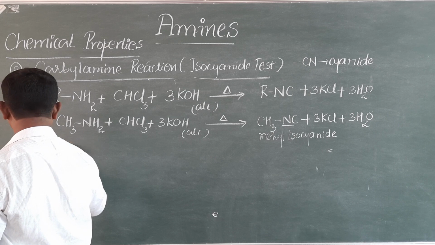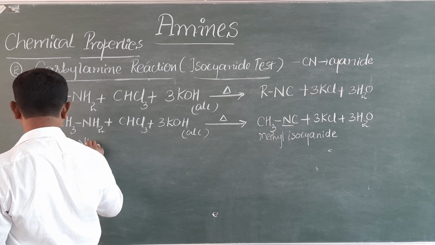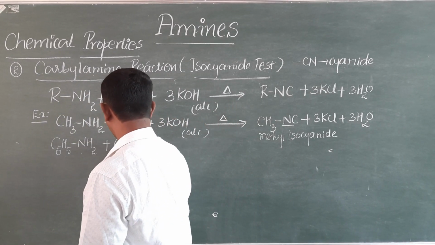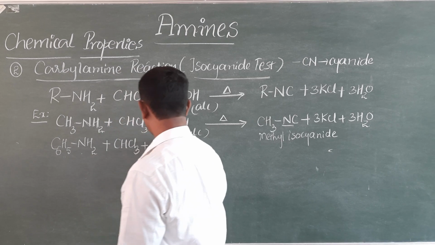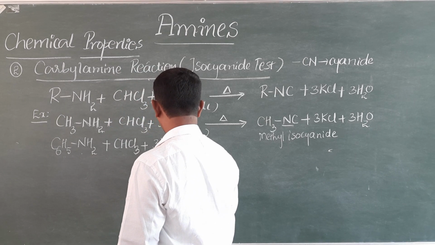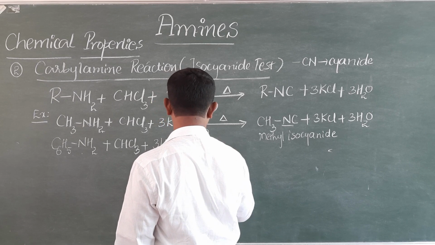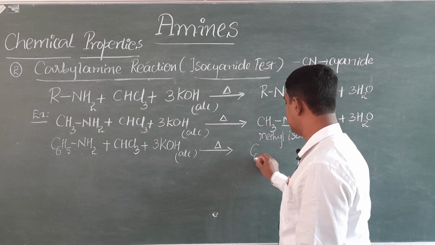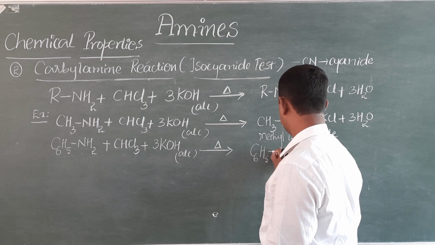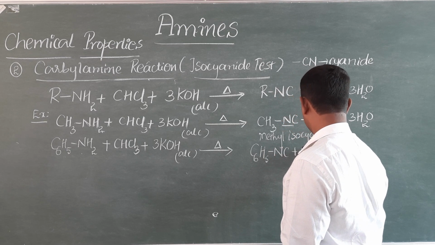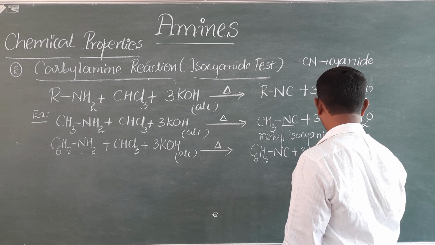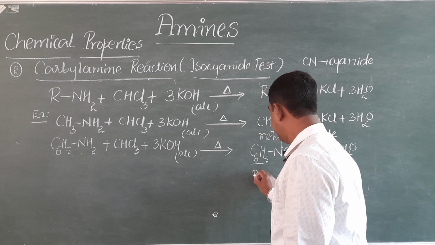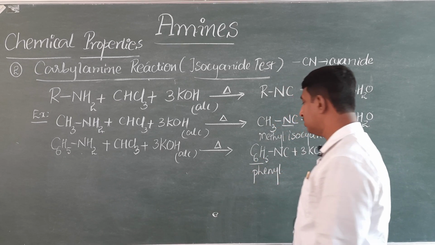Even we can take an aromatic amine also, aniline, a benzene ring containing an NH2 group, heated with chloroform and alcoholic potassium hydroxide. In the place of R, we have C6H5, so it is C6H5NC. Byproducts are the same, 3KCl, 3H2O. C6H5 is phenyl when considered as a substituent group.